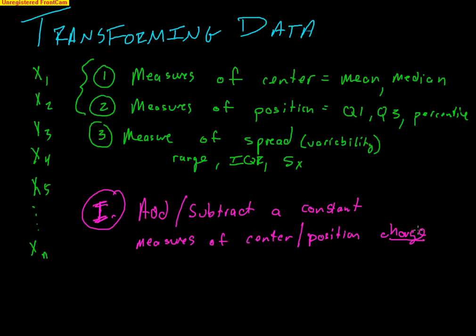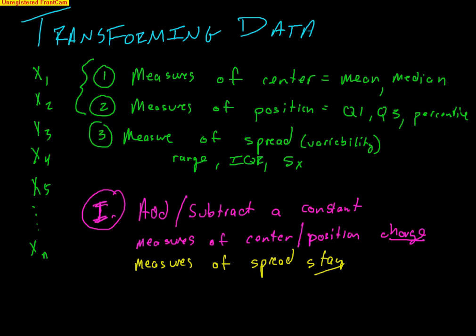If I'm going to add 5 to everybody's score, the 40th percentile, wherever it was, is going to go up 5 points. The median, whatever it was, is going to go up 5 points. So the whole thing is just going to move, so measures of center and position will change. However, here's the kicker. I'm going to put this in yellow. Measures of spread stay the same. They do not change.